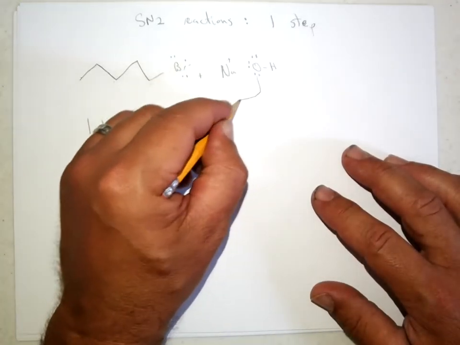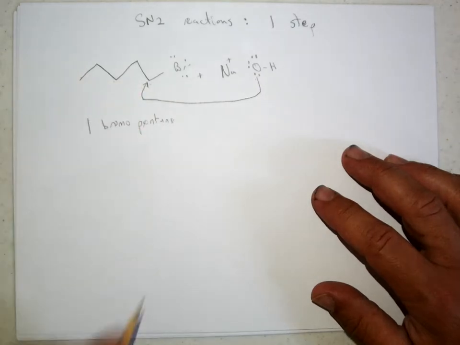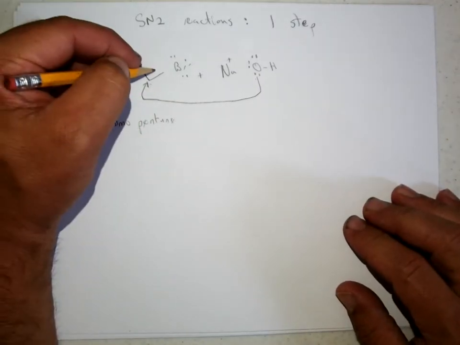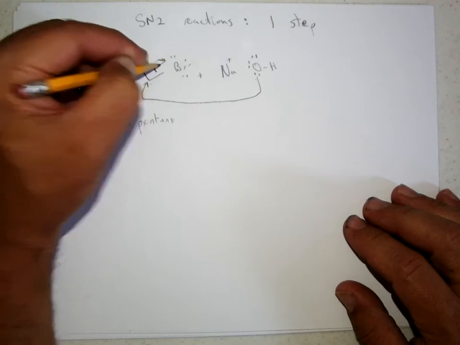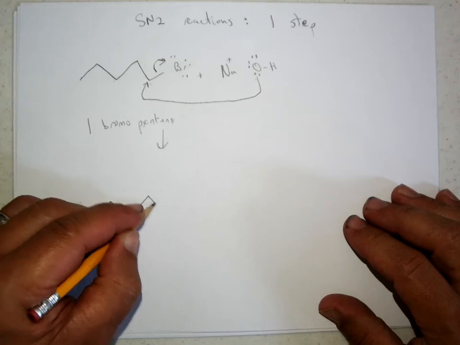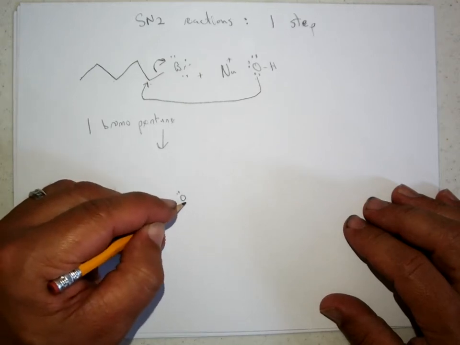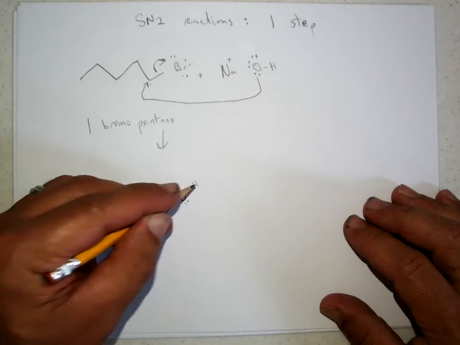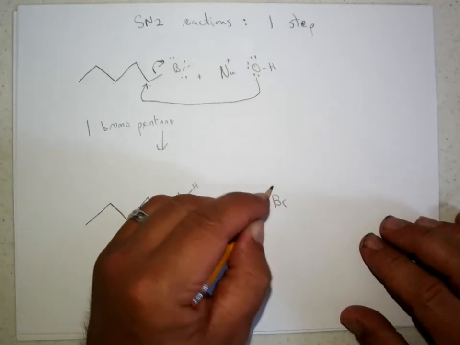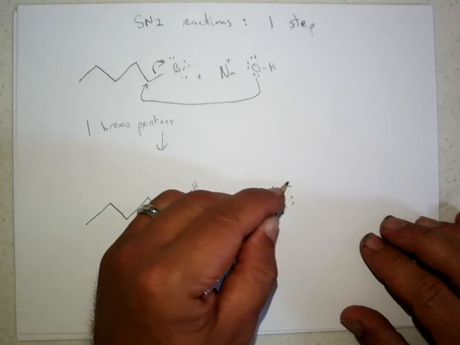The hydroxide comes in, forms a bond to that primary carbon, and then in order to make room for that, the bromine gets pushed off. So in one nice, slick, easy step, you end up with an OH in the position where you used to have a bromine. Now the anion bromide gets kicked off.